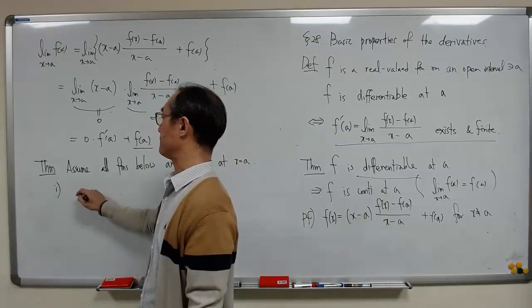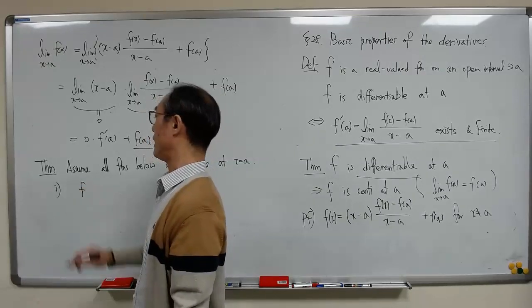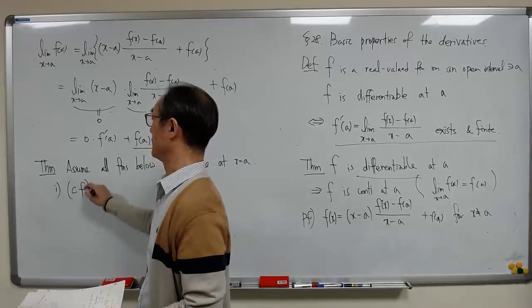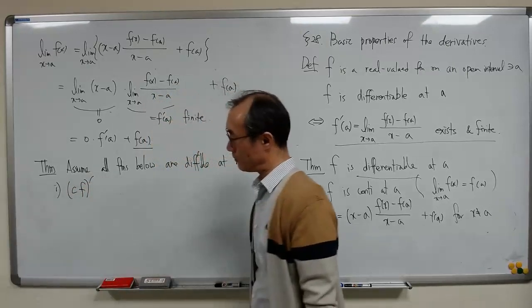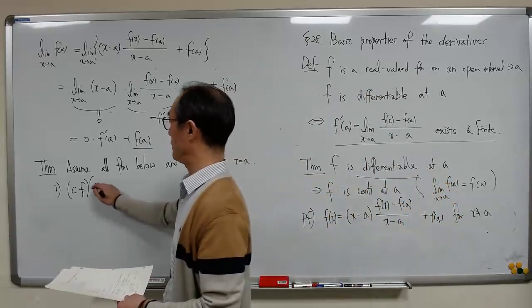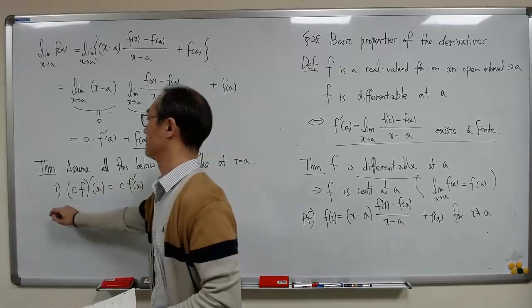First, the constant multiplication. We have the function f multiplied by a constant c. The derivative of the constant multiple evaluated at a will be c times f prime of a.